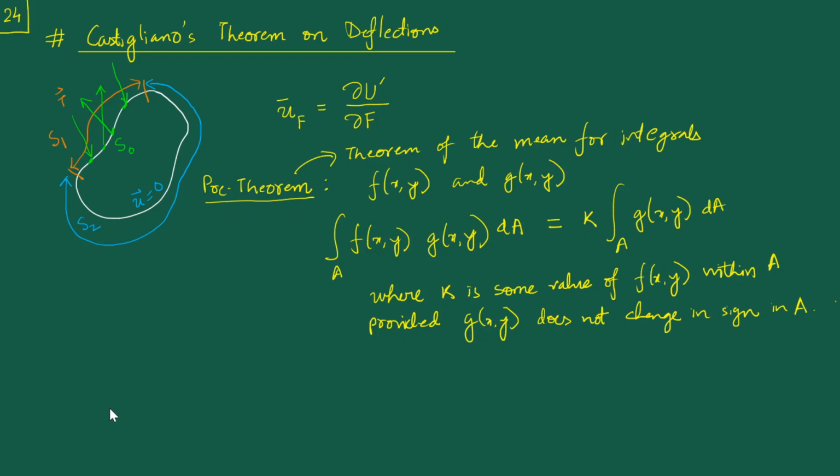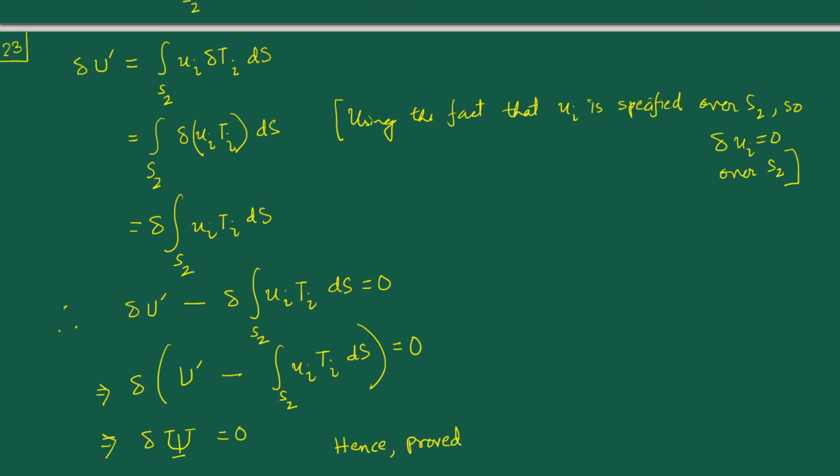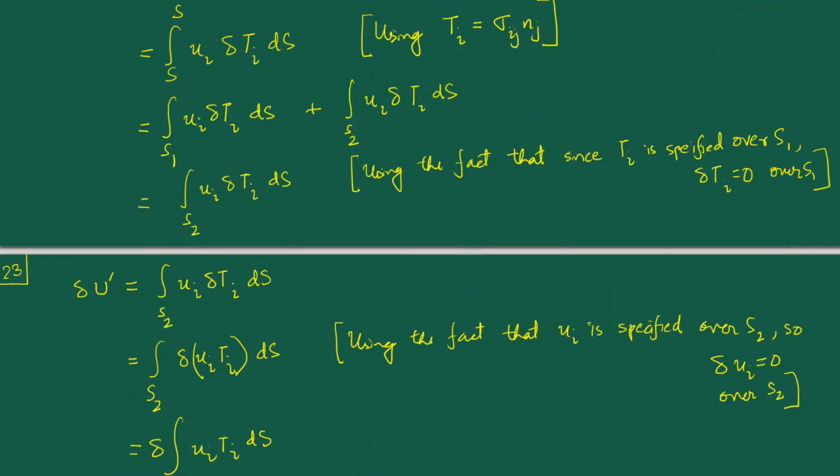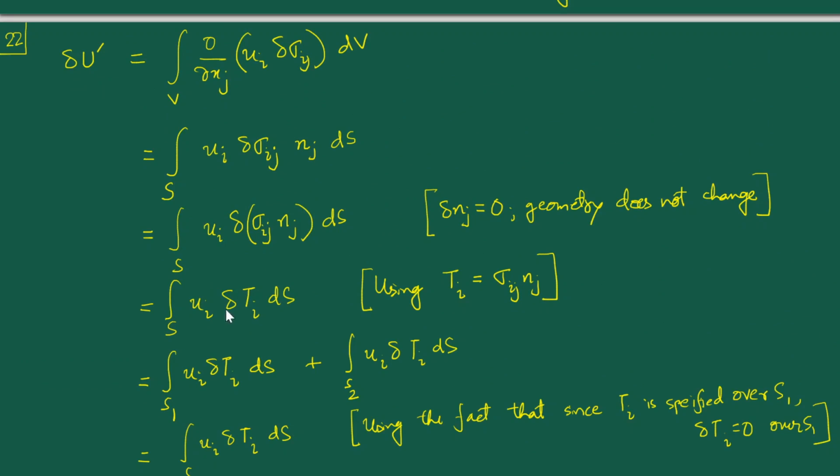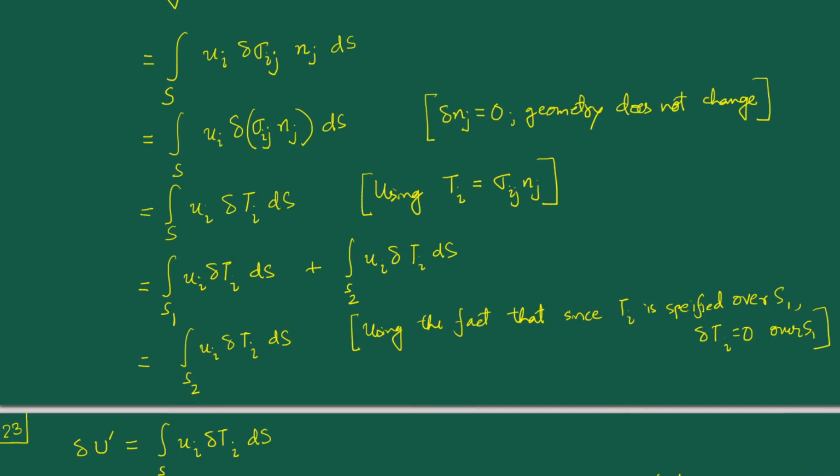So there's some careful business involved. Let's give it a try. What we'll start with is, if we just look back a little bit, somewhere around here, we had started with this delta u dash, and intermediately we had arrived at this expression, integration of ui delta ti ds over the entire surface.